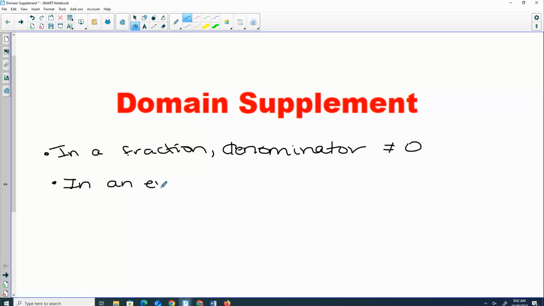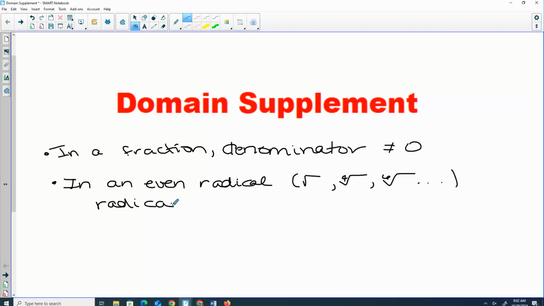In an even radical, by that I mean a square root, a 4th root, a 6th root, and so forth, the radicand, the thing under the radical, has to be greater than or equal to 0. Because if you have a negative under a square root, what kind of number are you getting? We should know this. We've talked about this year.